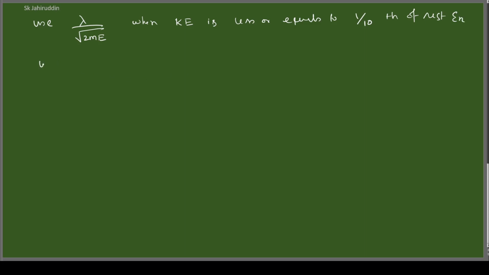So my main motto is to use lambda equals h by square root of 2mE when the kinetic energy is less than or equal to 1/10 of the rest energy. Remember this. And use lambda equals hc by square root of KE times KE plus 2mc squared when KE is greater than or equal to 1/10 of the rest energy.